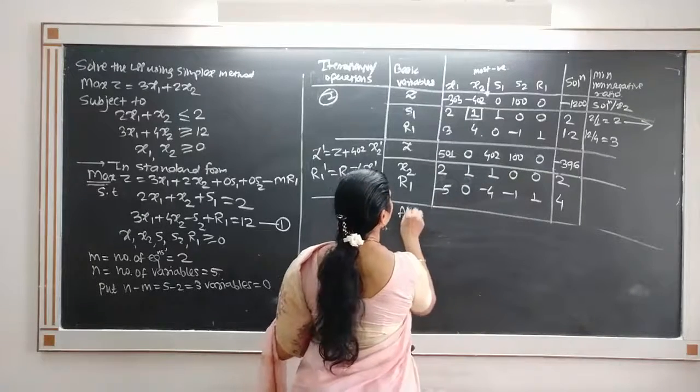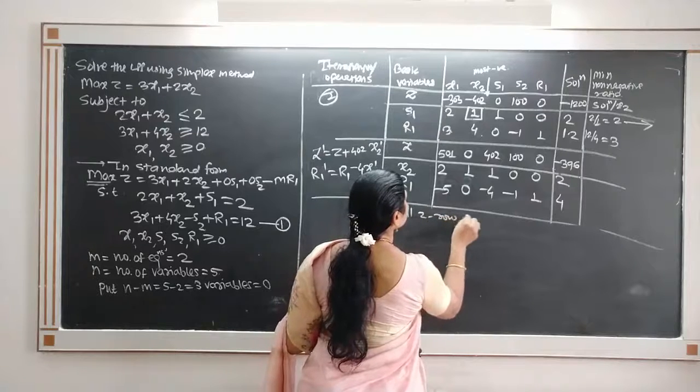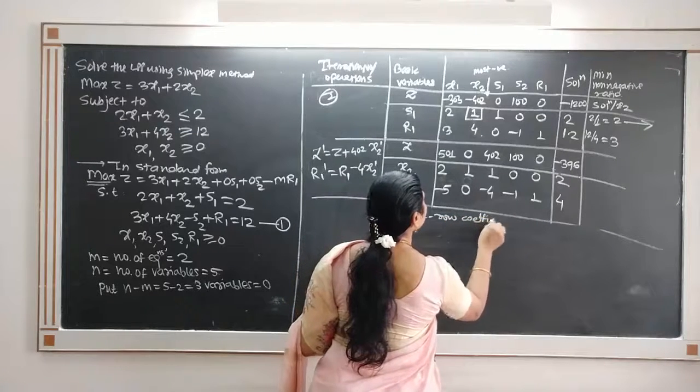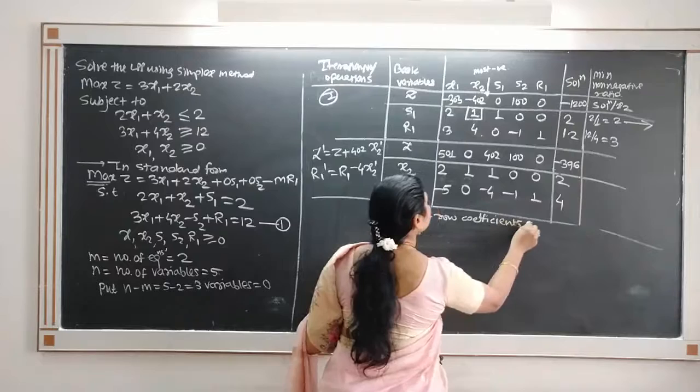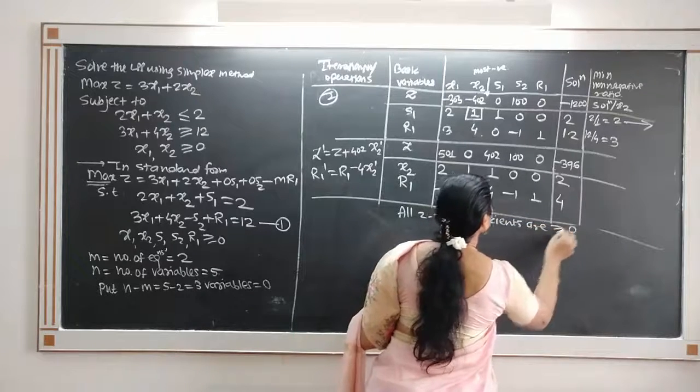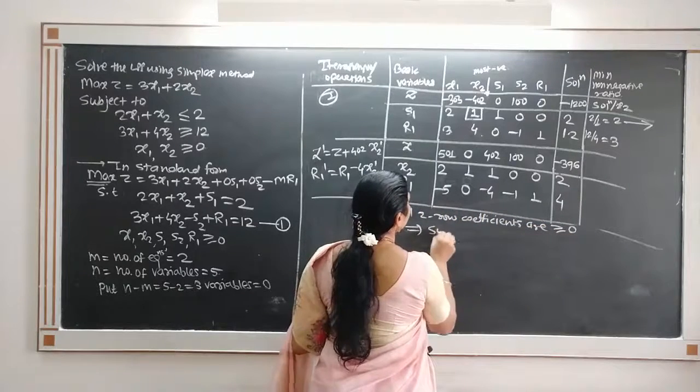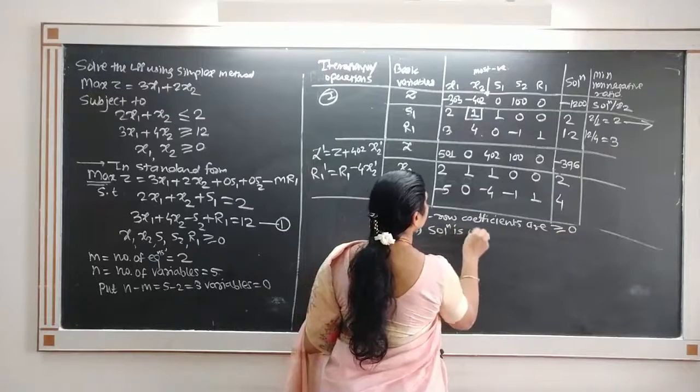all Z row coefficients are greater than or equal to 0 implies that the solution is optimal.